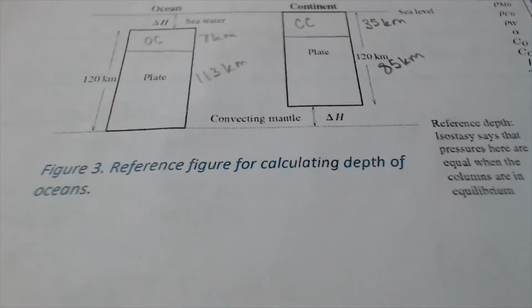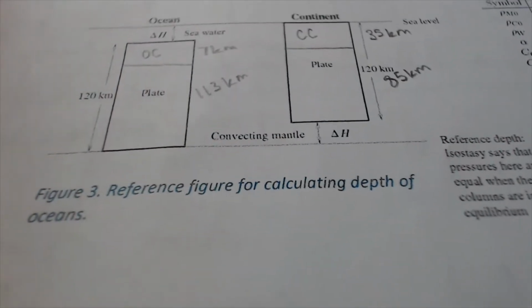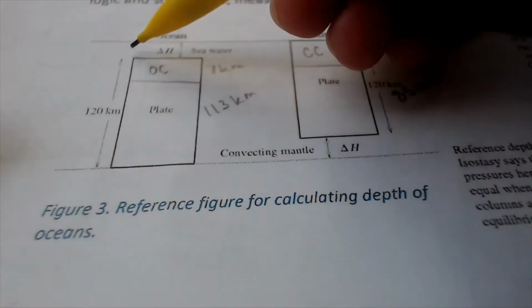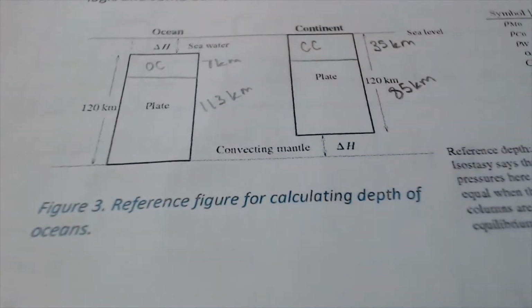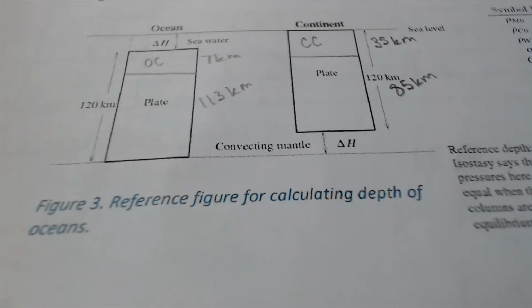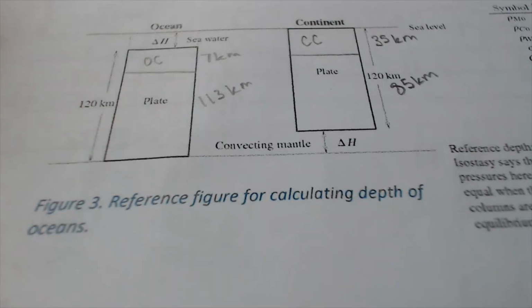Now, what you'll need to know is how to set up the left and the right side of the equation. So what I like to do first is to put in my values on my reference guide and then go from there and follow the instructions. So starting with this column right over here, I have seawater, so I'll know how I have to use the density of seawater in my equation, which is equation 3, which is in the middle of this page that I'm on.